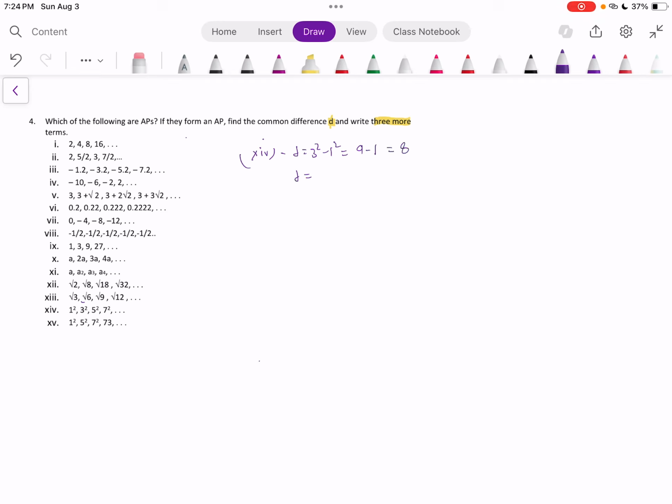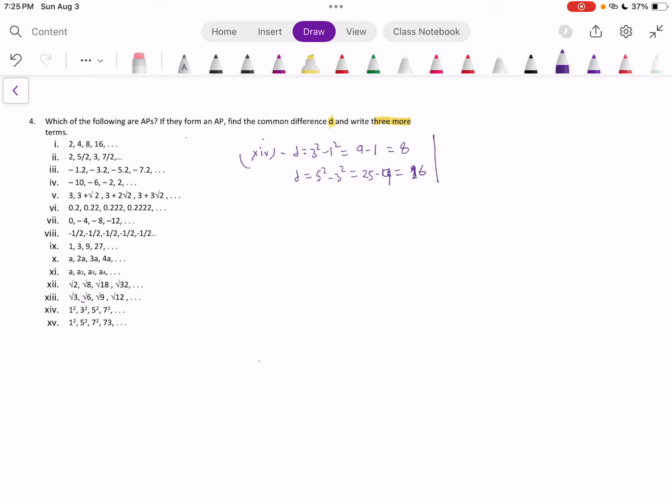D is going to be 5 square minus 3 square, so it's going to be 25 minus 9, which is 16.